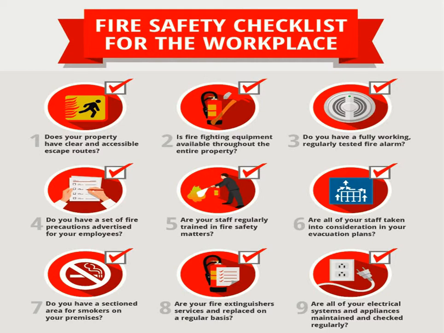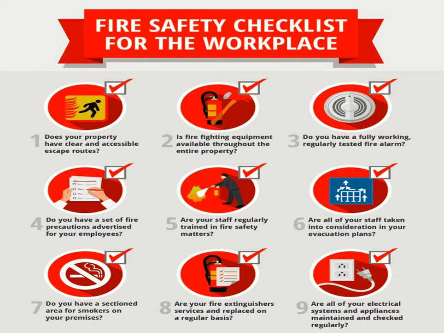The first: does your property have clear, accessible escape routes provided in the industry? Second: is firefighting equipment available throughout the entire property? For example, in a four-floor building, each floor will be supplied with firefighting equipment.